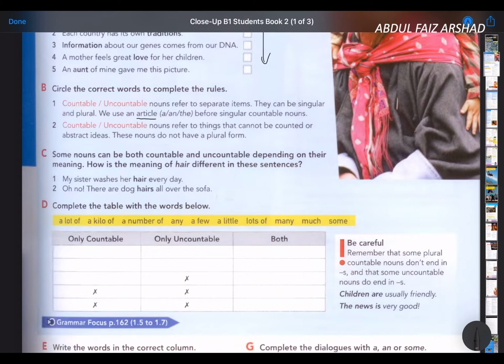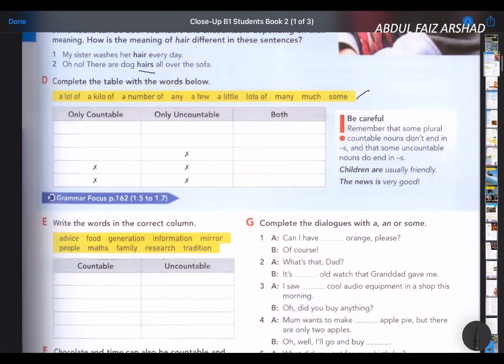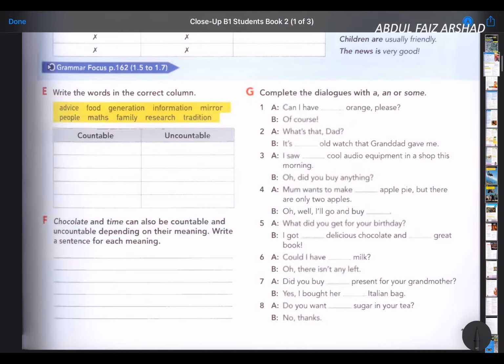You need to explain a bit why one is countable and the other one is uncountable, because this one has hairs. And then try to complete the table below using these words and try to do G. You don't have to do E. You don't have to do this.